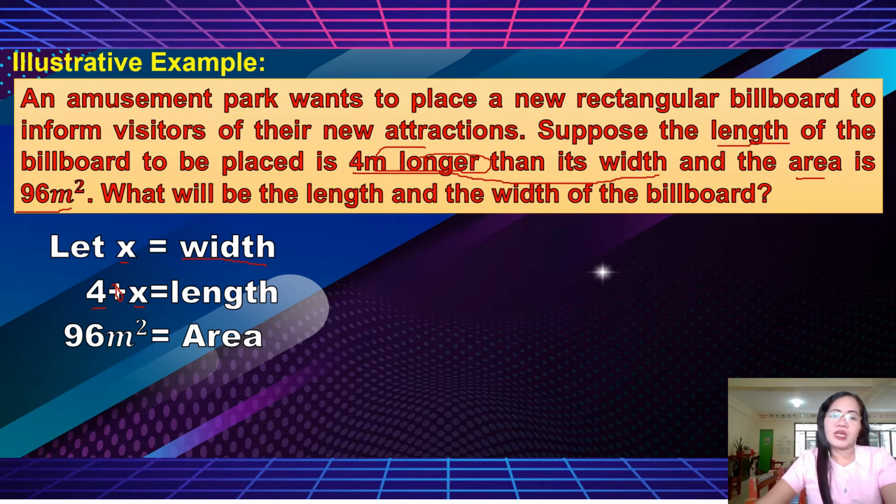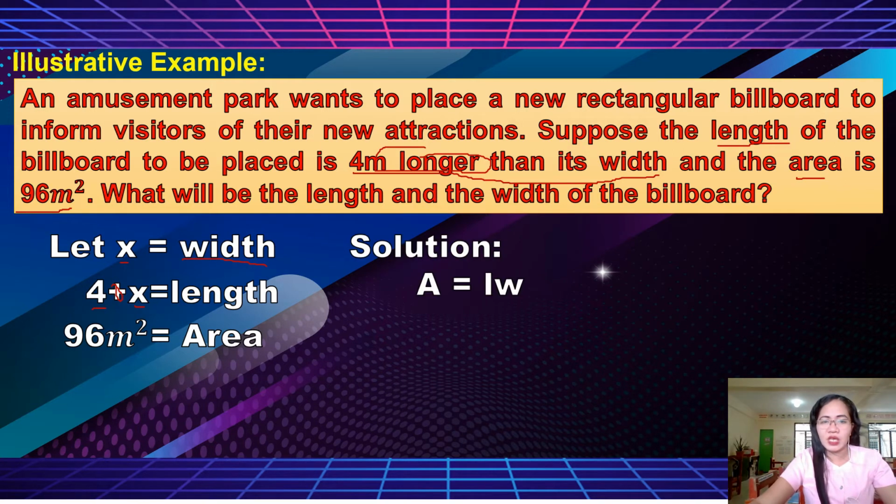Now, since we already identified the problem and the givens, let's proceed to our solution. As you noticed, in our givens there is the area, so we will use area. Since it's a rectangular billboard, we are going to use the formula for the area of a rectangle, which is length times width.